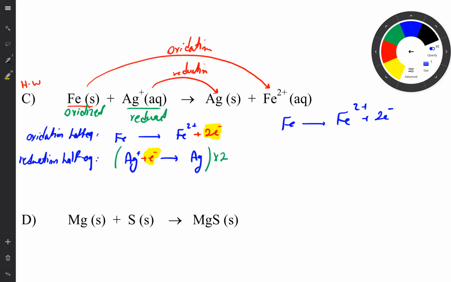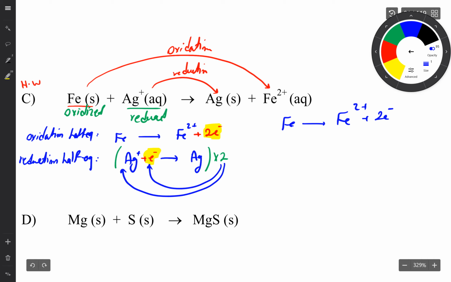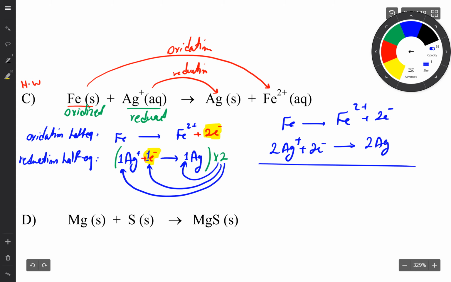But for the reduction half equation, I have to multiply all of the coefficients in the half equation. When we don't write anything, it means the coefficient is 1. So if we multiply by 2, it becomes 2Ag+ plus 2 electrons gives us 2Ag atoms. Now the number of electrons are equal.